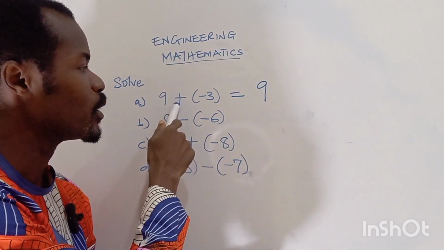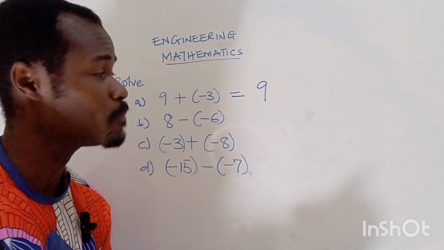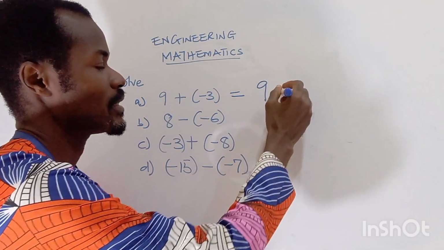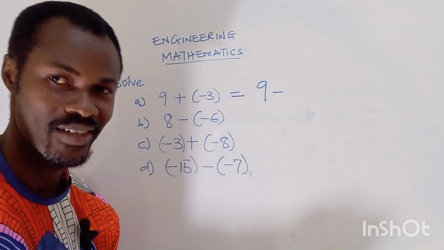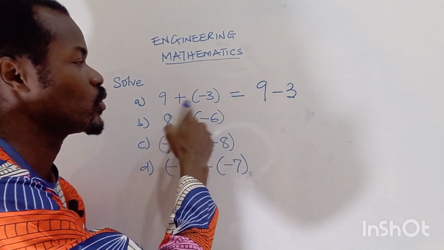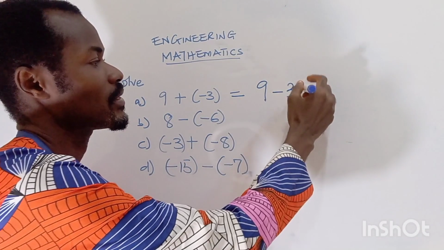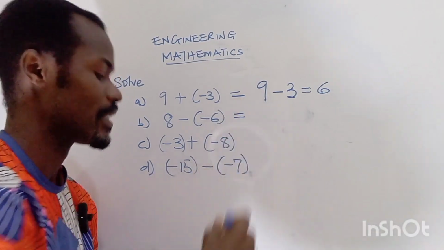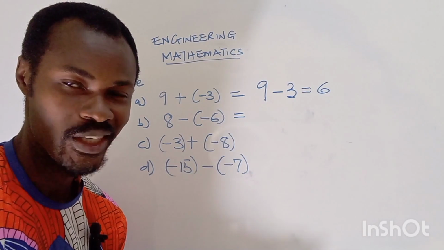Now, when we have plus times minus, from what we did in our previous video, since the two signs are not the same, we are going to have minus. So plus times minus is minus. All right, so we have 3. So these two signs become one sign, so we have 9 minus 3, which is 6. So the first answer to our problem is 6.